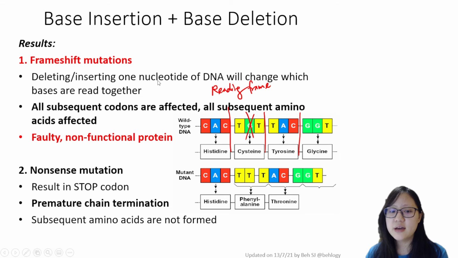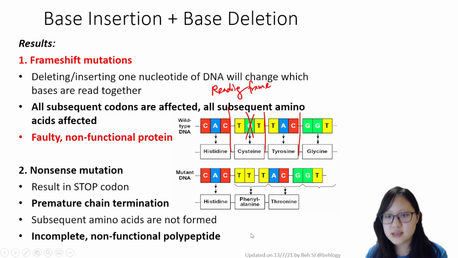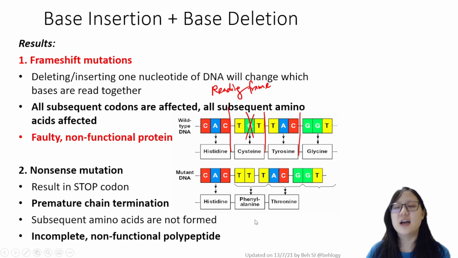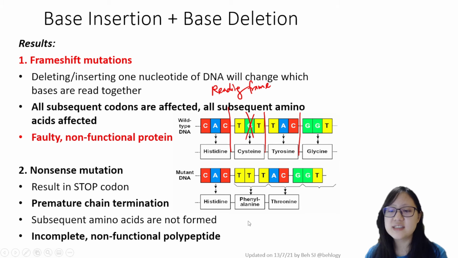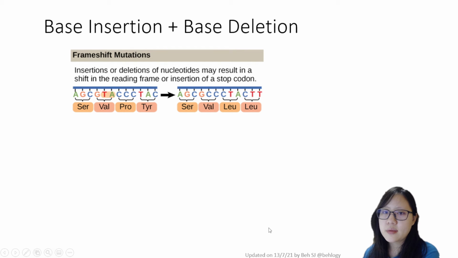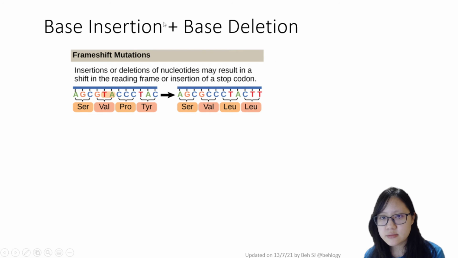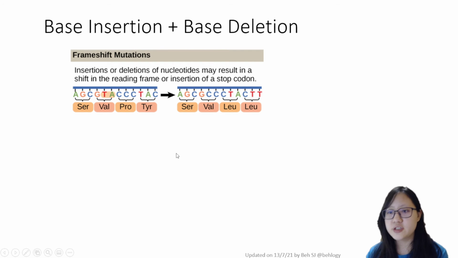Either way, for insertions and deletions, this results in non-functional polypeptides and affects everything after that mutation. So again, insertion and deletion result in frame shift, which could also result in a nonsense mutation.